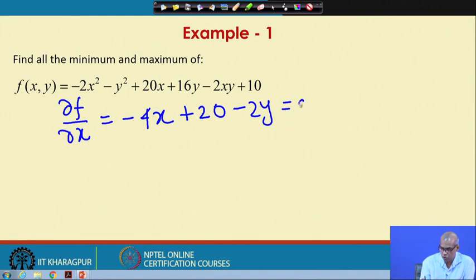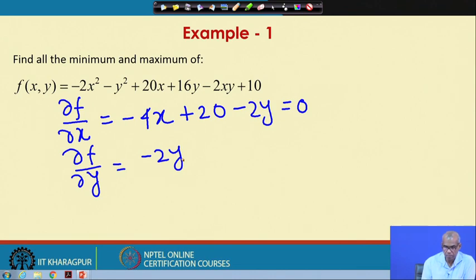So, this will be equal to 0. Similarly, del f del y will be minus 2 y plus 16 minus 2 x equal to 0.